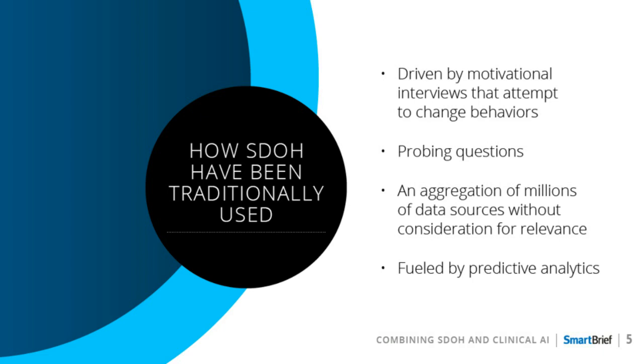We've also obtained risk scores based on predictive analytic models. Then, as our clinicians are talking to the patients on the phone or seeing patients face-to-face, they try to mesh those various pieces of data together during the patient appointment through motivational interviewing and assist the patient to make those behavior changes.